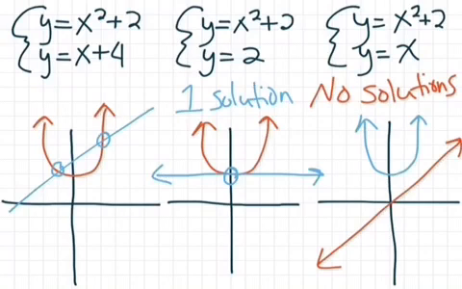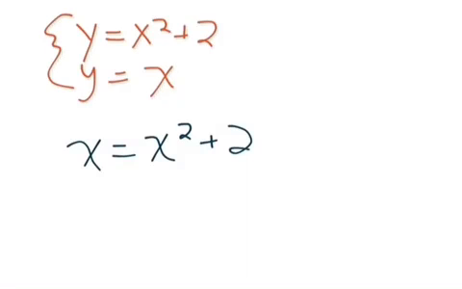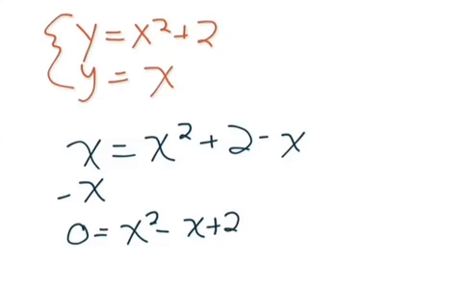Now let's look a little bit more closely at the no solution system, we have y equals x squared plus 2 and y equals x. If we started working through our steps here of trying to solve this, we would see pretty quickly that things weren't quite right. So let's start by subtracting our x on both sides, and we get 0 equals x squared minus x plus 2.